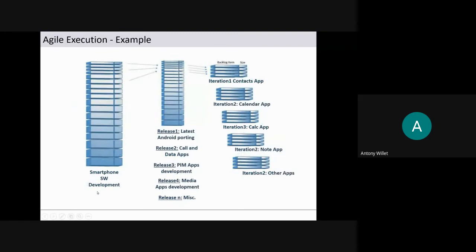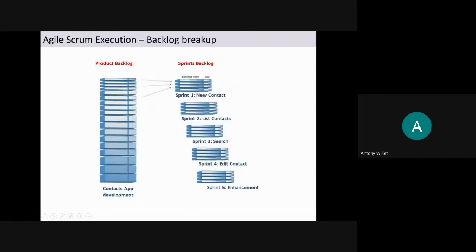If it is a very big project like an entire smartphone, then we may have multiple releases. Here we have one contact application development, taken up by one Scrum team. In this case, we don't need multiple releases, so we can directly go for multiple iterations.